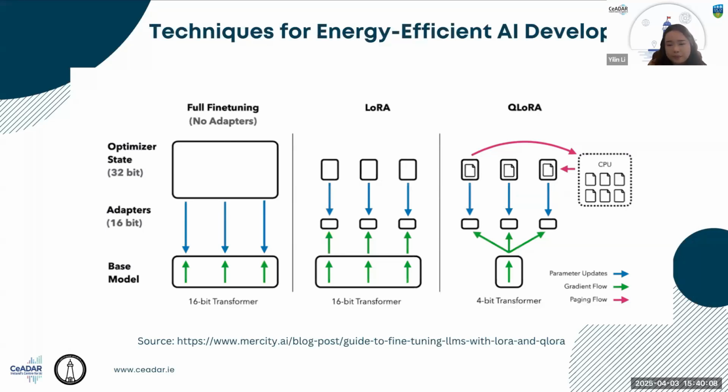So these methods are especially useful if you want to fine-tune large models on a smaller budget, or just reduce the energy impact of your work. And the best part is they often give similar performance to full fine-tuning.